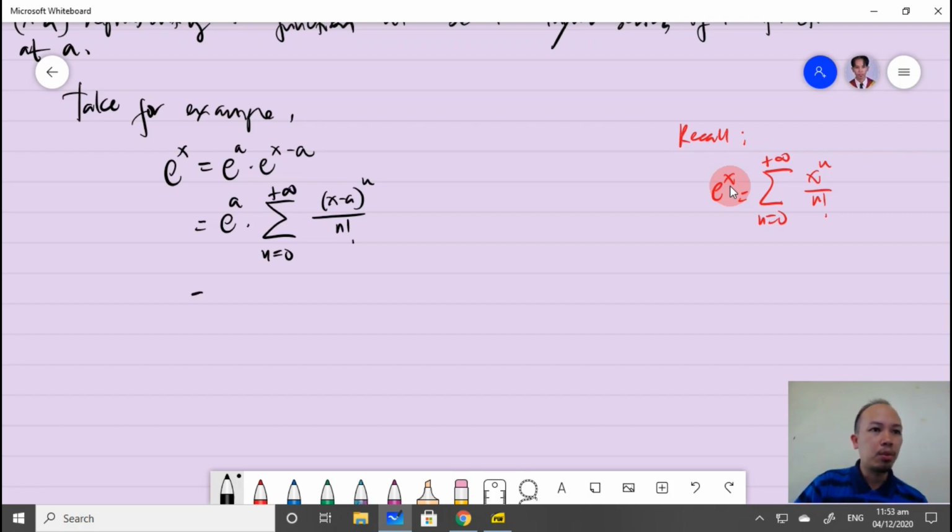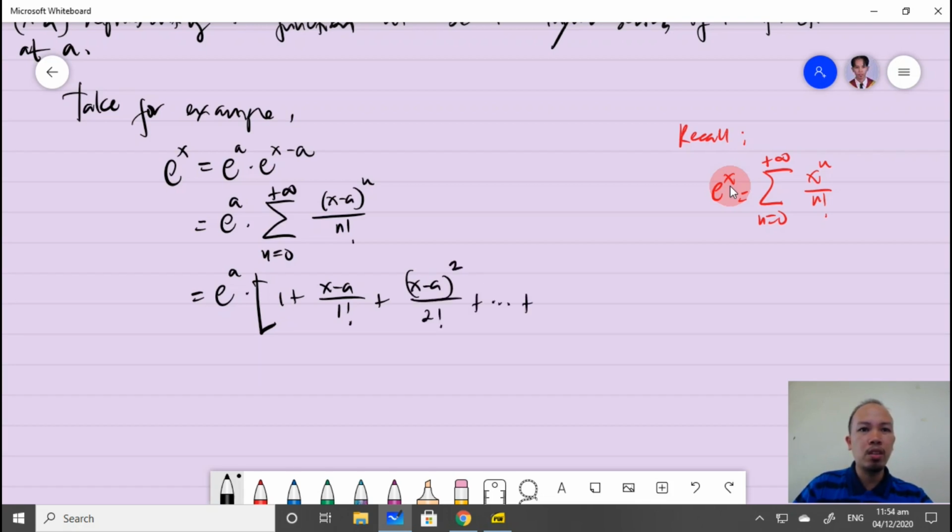If you expand this, you will have 1 plus x minus a over 1 factorial plus x minus a to the power of 2 over 2 factorial, and so on, until x minus a to the power of n over n factorial plus dot dot dot.